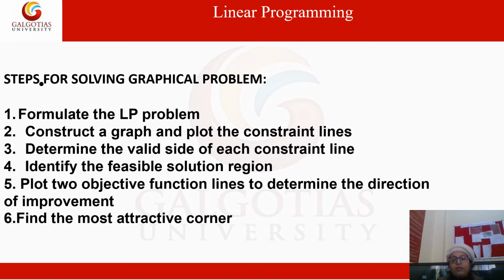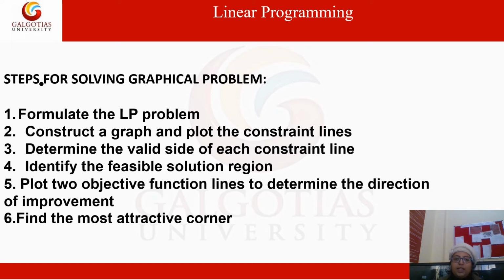The objective function line does not have to include any of the feasible region to determine the desirable direction to move. The next step is to find the attractive corners. The optimal solution always occurs at the corners, and the most attractive corner is the last point in the feasible region which is touched by a line parallel to the objective function line.